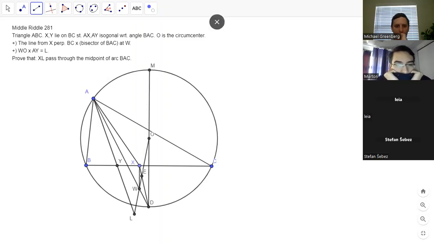If that were true, you could project through X. So you project D, M, O, infinity. D goes to E, M goes to L, O stays the same, and infinity goes to W since XW is perpendicular to BC. So you want to show that O, W, E, L is harmonic. This is much nicer. So we want to show that this is a harmonic bundle. Interesting.